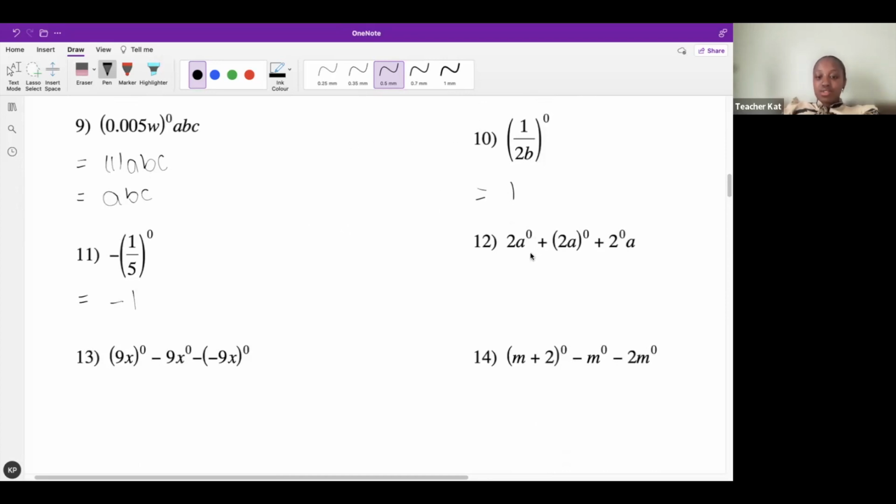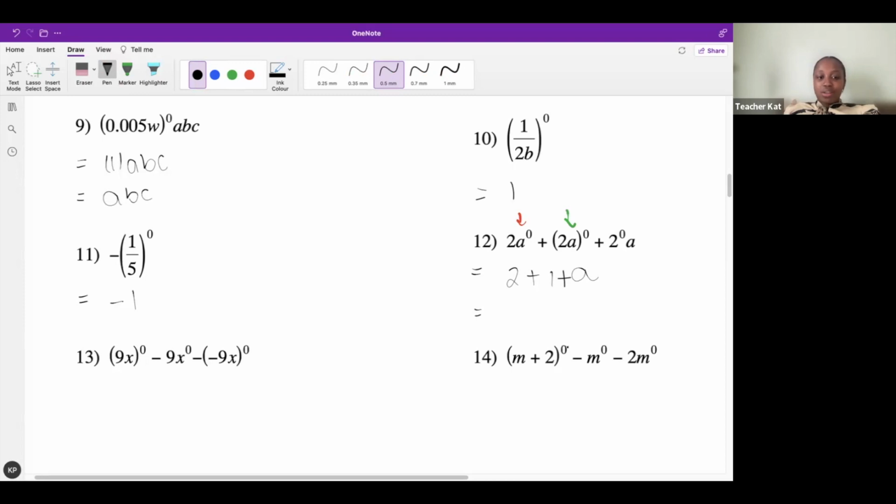Number 12. Let's do number 12 together. First part of number 12 is what? The red part is 2. Plus, second part is 1. Plus, third part is A. Now I have 2 plus 1 plus A. How much is that?